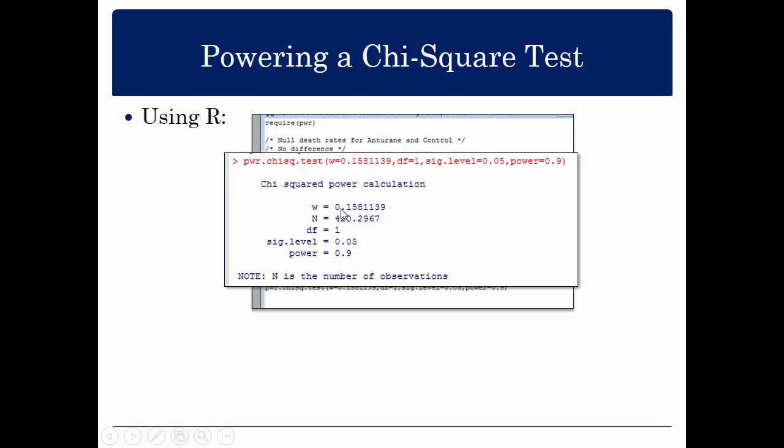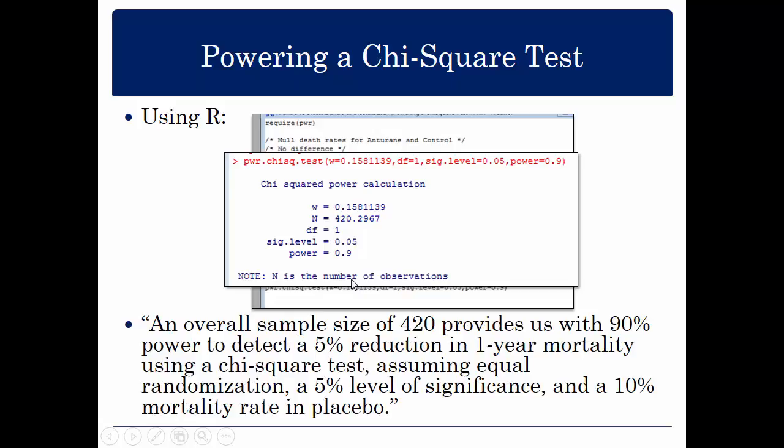So for the effect size, the 5% reduction in mortality at a 5% level of significance with 90% power would require 421 subjects for this study. That's the total number of observations, put half in placebo, half in treatment.